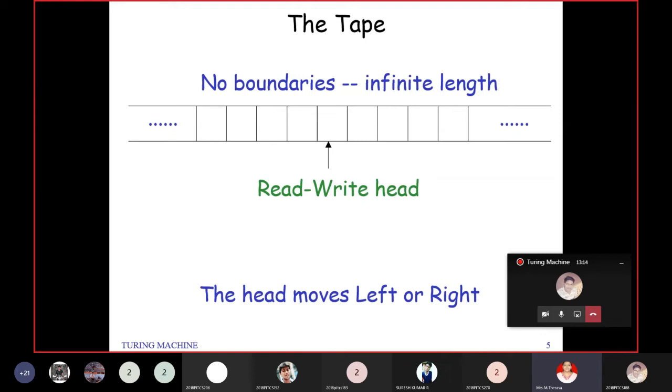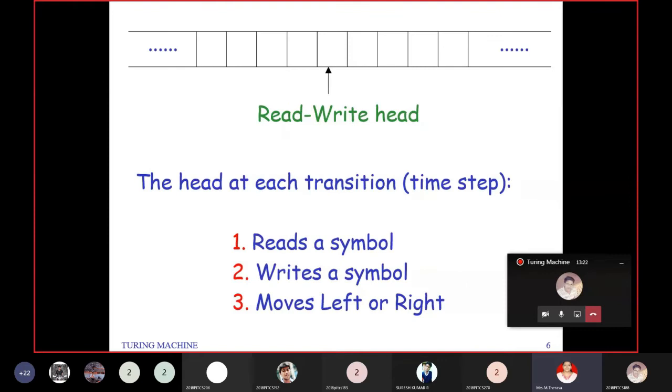The difference is that this read-write head can move in both directions. It can move left as well as right. So this read-write head can do these operations at a time.